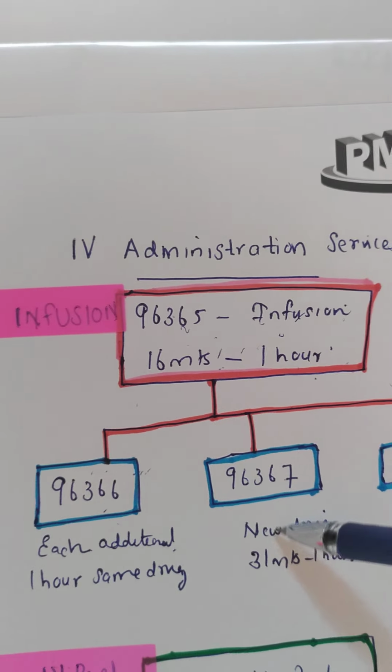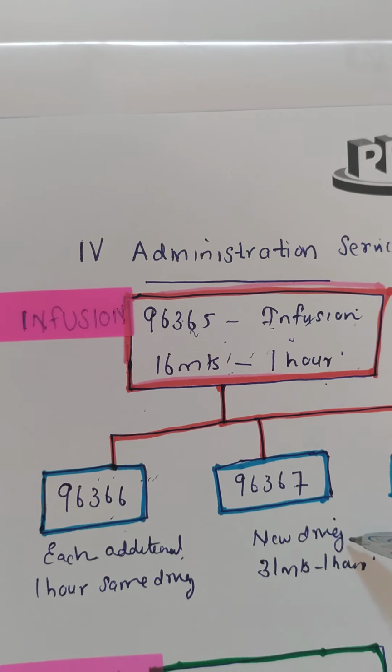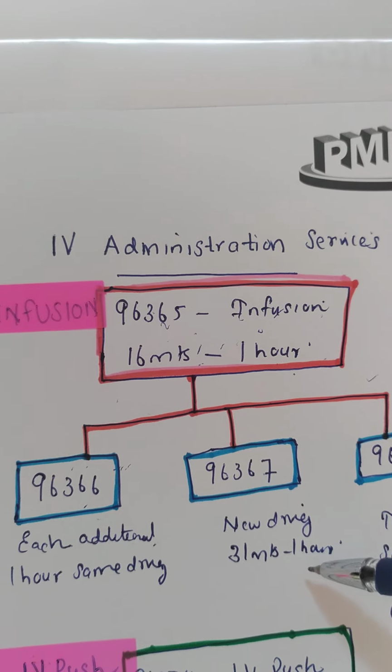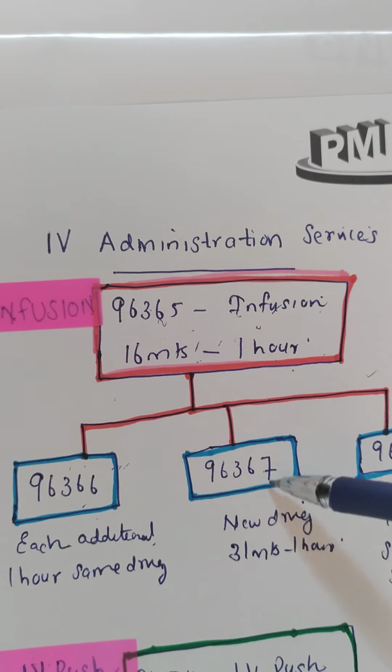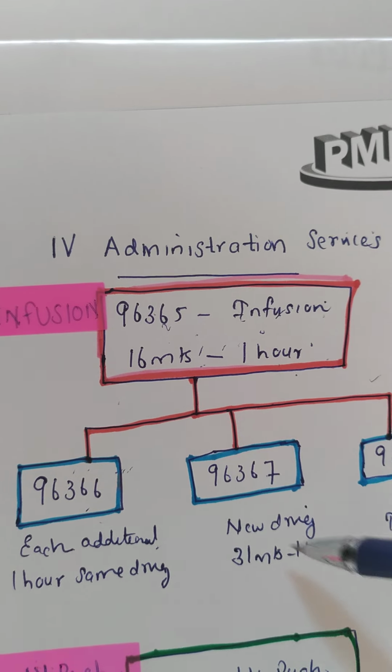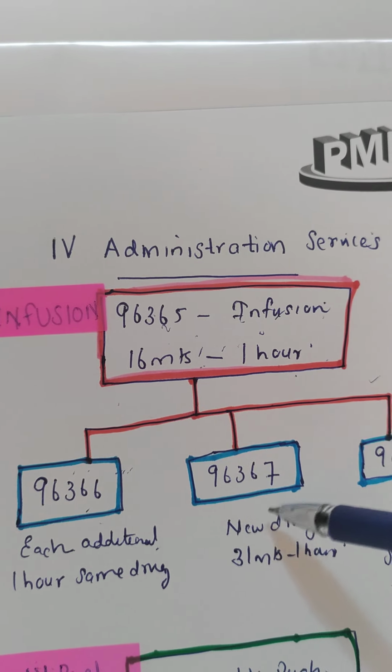If it is a different drug, if the doctor or nurse administers different drugs, then we use the code 96367. Each new drug, 31 minutes to 1 hour, we use the code 96367.